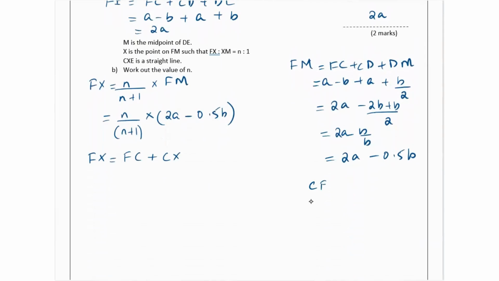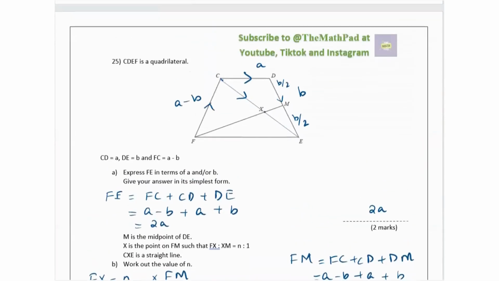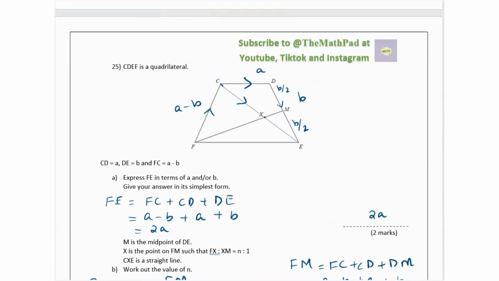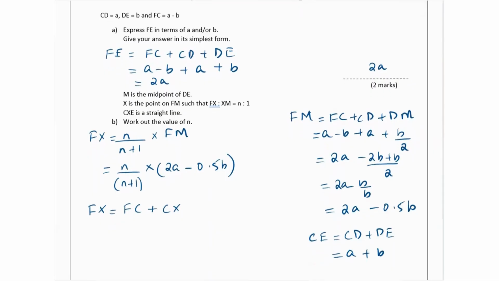So CE is going to be CD plus DE. So CD is a, and DE is going to be b. So a plus b is CE.